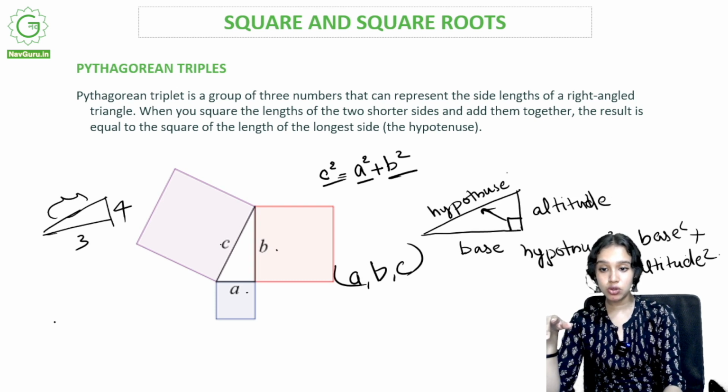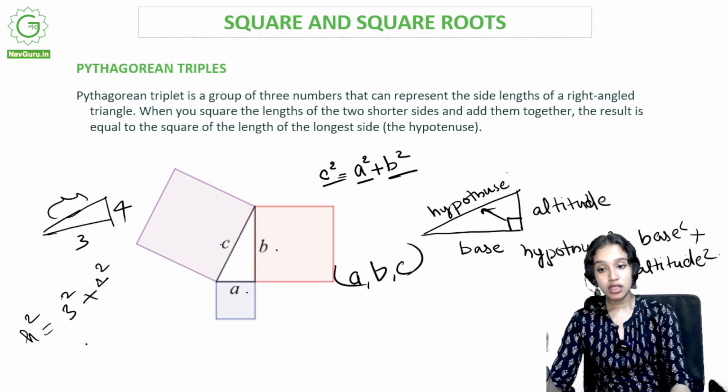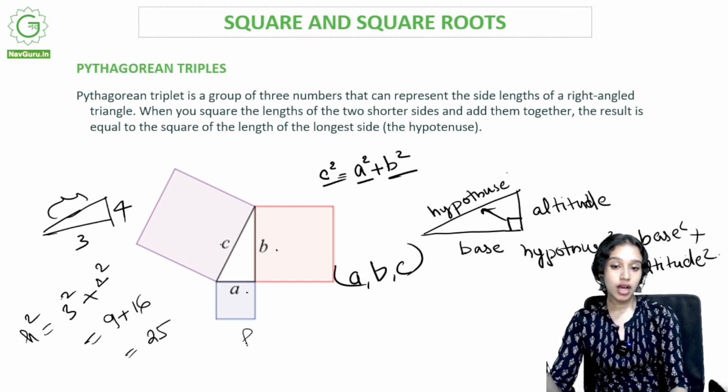The hypotenuse would be the square root of 3 square plus 4 square. 3 square is 9 and 4 square is 16, which gives us 25. So the hypotenuse would be equal to root of 25, which is 5.